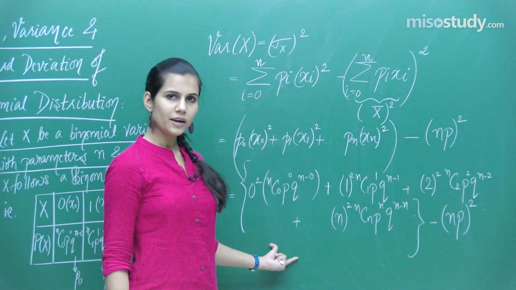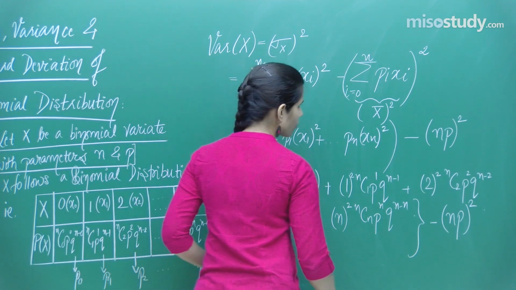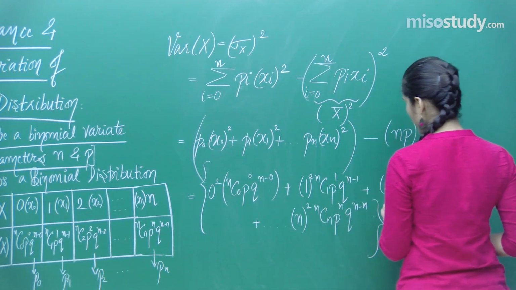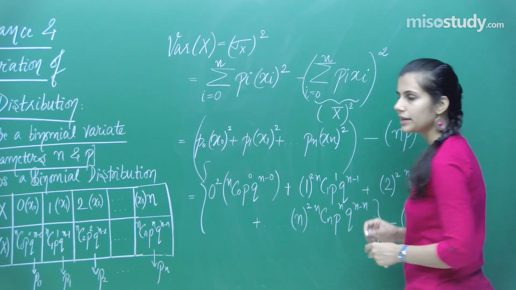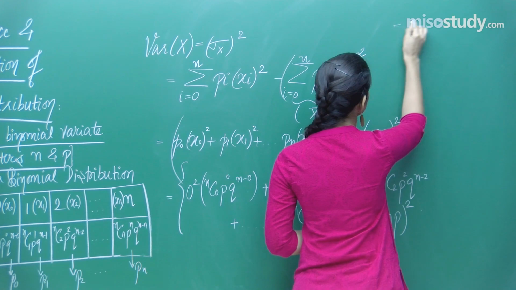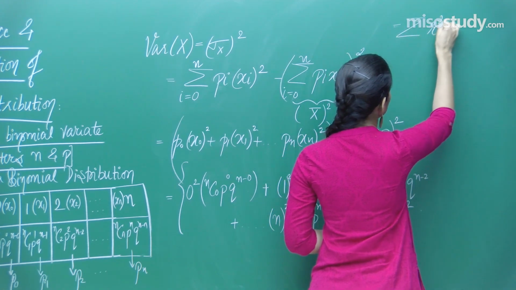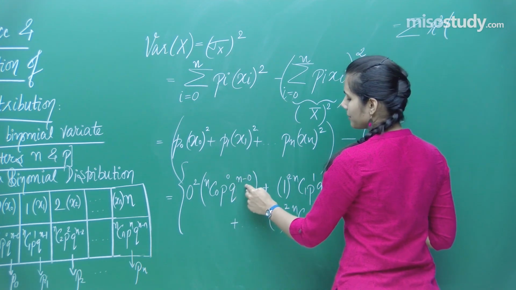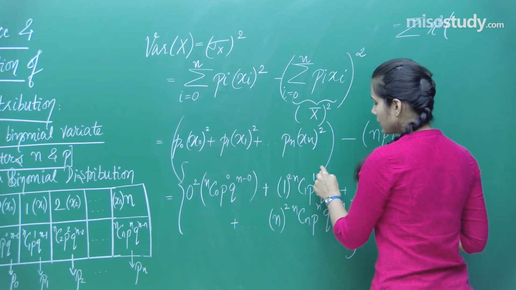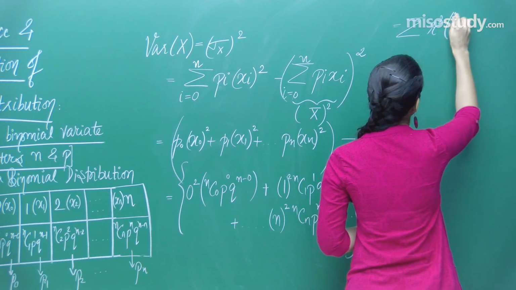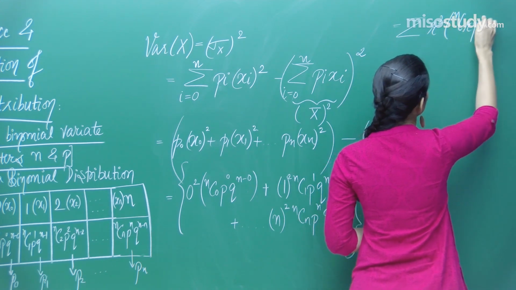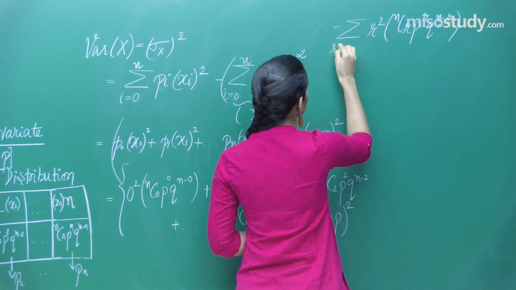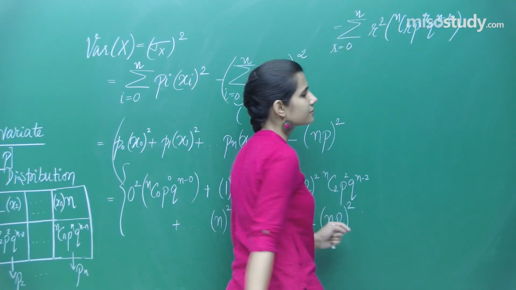Now compactify it and write it. When you compactify it, what do you get? See, 0 square, 1 square, 2 square and so on till n square. I can write it as summation r square, then nc0 p to the power 0 q to the power n minus 0, nc1 p to the power 1 q to the power n minus 1. So you can write ncr p to the power r q to the power n minus r, r varying from 0 to n.